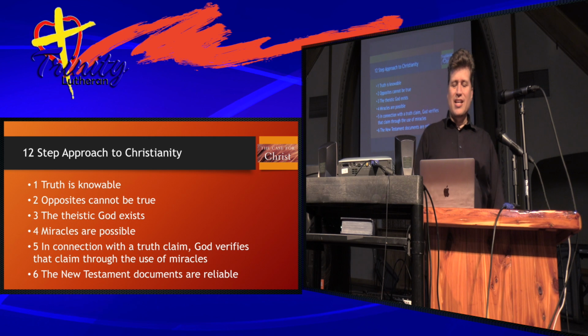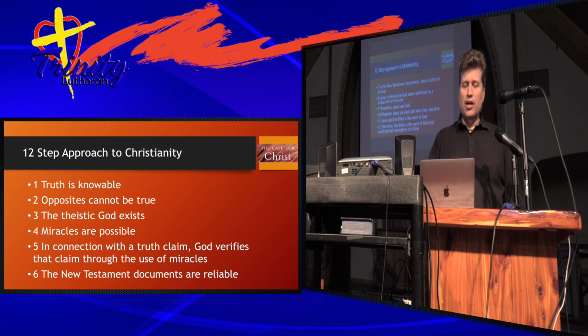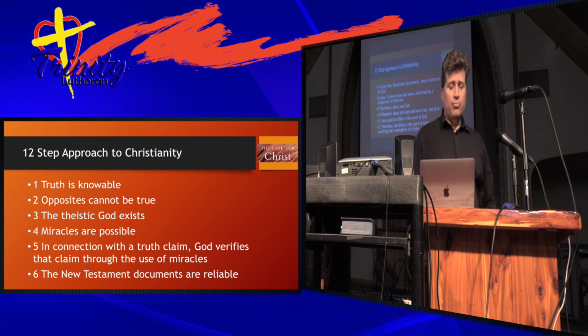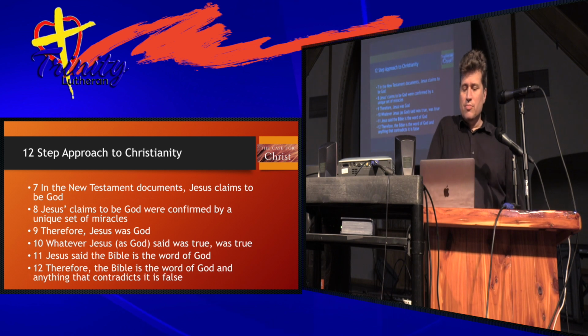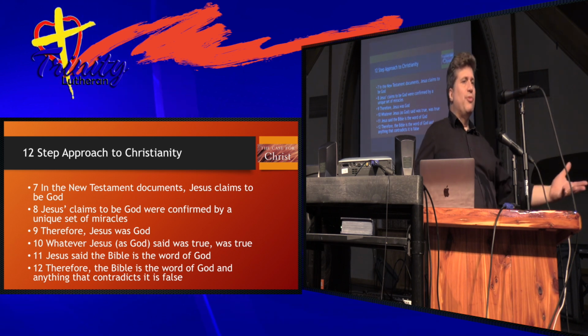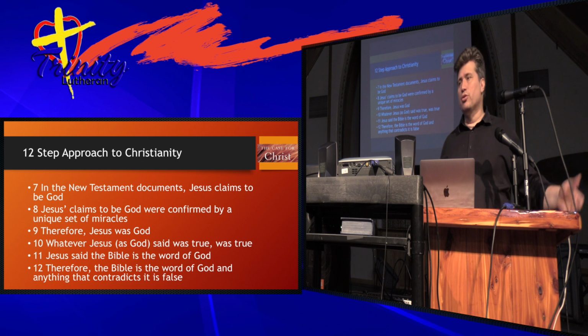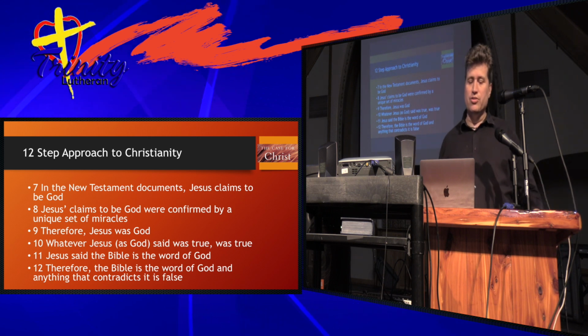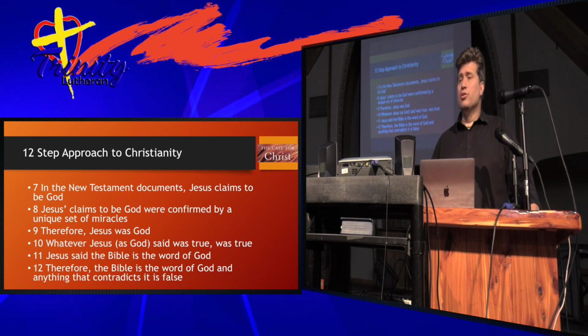The New Testament documents are reliable. From a historical perspective, we can get reliable information from them. In those New Testament documents, Jesus claims to be God. His claims to be God were confirmed by a unique set of miracles. We talked about both the miracles he performed and, of course, last week, the ultimate miracle that confirms who he says he was, the resurrection itself. And then we start to see what we can conclude from this.